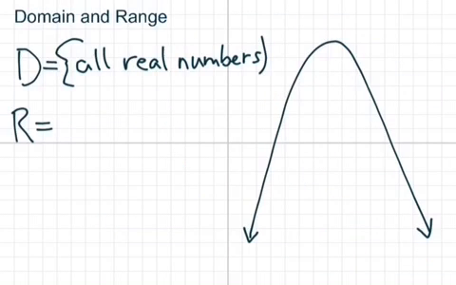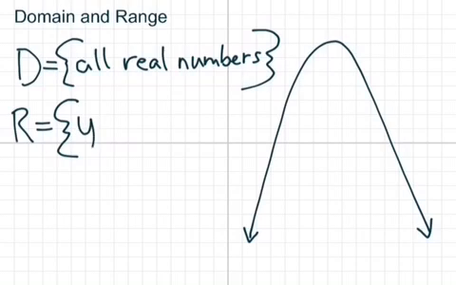If you're given the graph of a parabola, you can identify its domain and range. For any parabola, the domain is going to be the set of all real numbers. So remember, we use our braces here, and then you can just write all real numbers on the inside. The range, we're going to use our braces again, is going to be the set of y such that it's either greater than or less than the vertex.